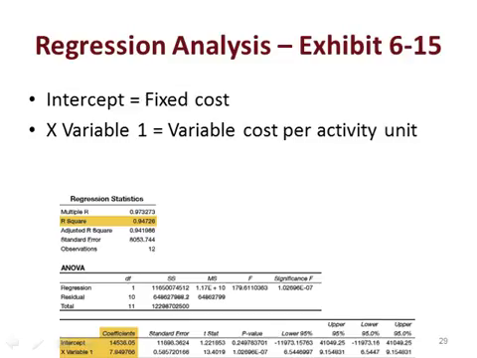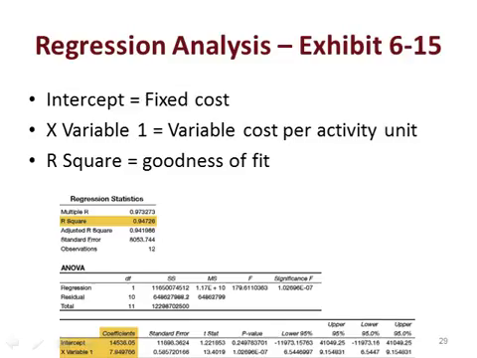So if we think about our equation of y, which is total cost, equal our variable cost times our volume plus our fixed cost, then the x variable 1 is the variable cost per unit that we're multiplying our volume by, or x. And here, in this case, it's $7.85 roughly.